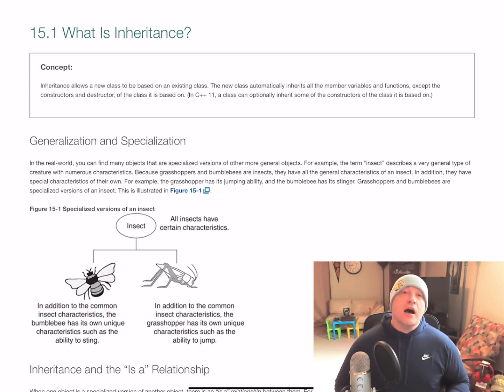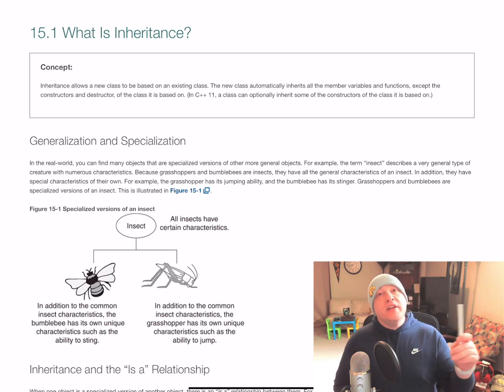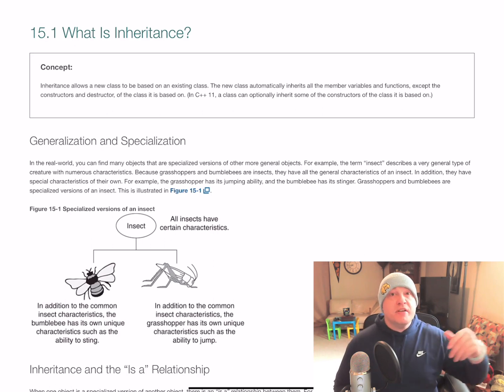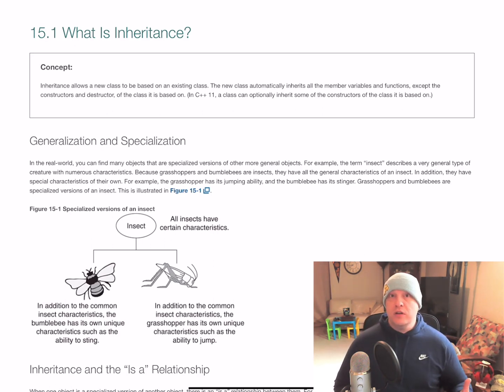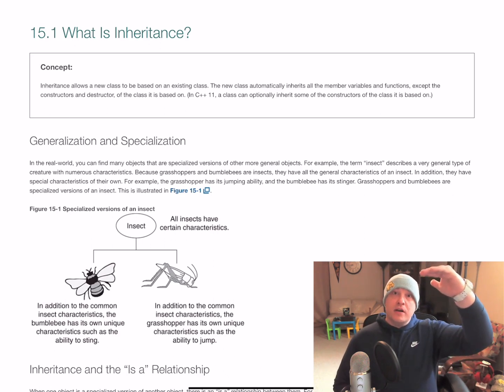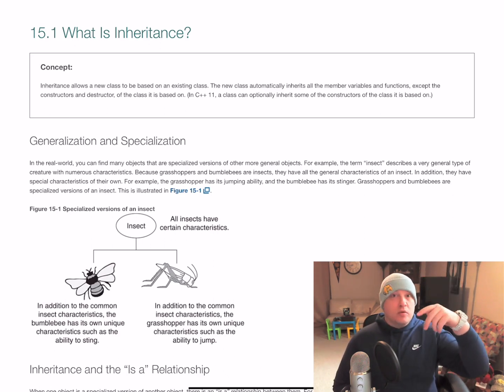So the idea of inheritance is, let's put number of eyes, number of legs, creepiness factor, things of that nature into the general class, the insect class. And then when we derive from it, for bumblebees, for grasshoppers, for spiders, who I still think are insects, the derived class inherits from the base class members.